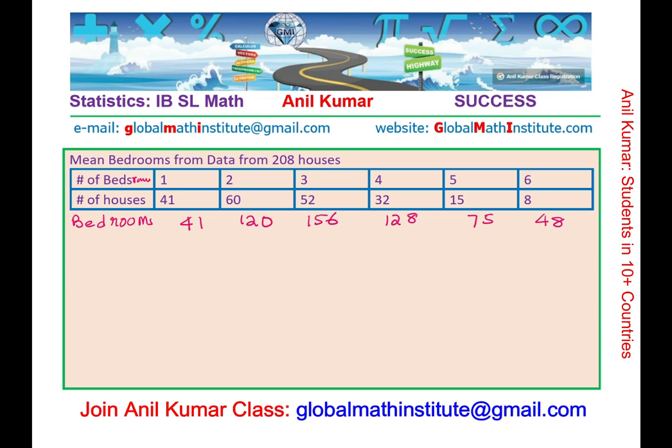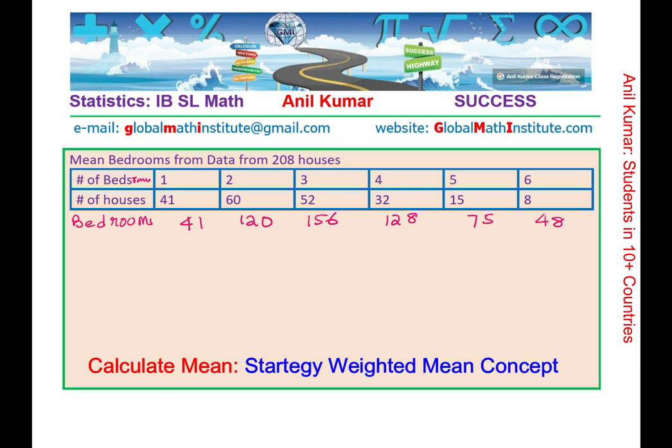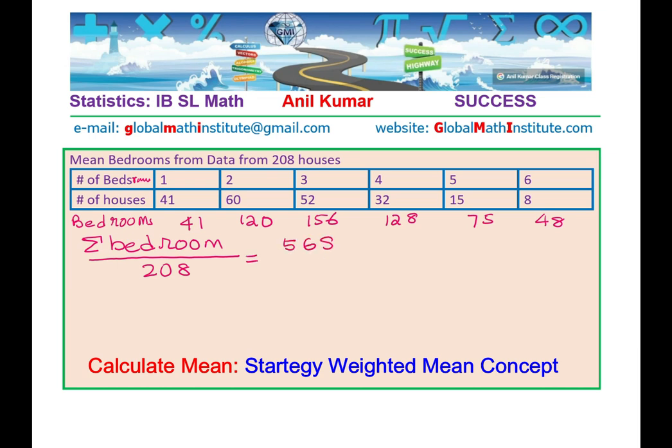Let's find the sum of these: 41 plus 120 plus 156 plus 128 plus 75 plus 48. I would like you to do your calculations along with me. So the sum of bedrooms is 568 over 208.